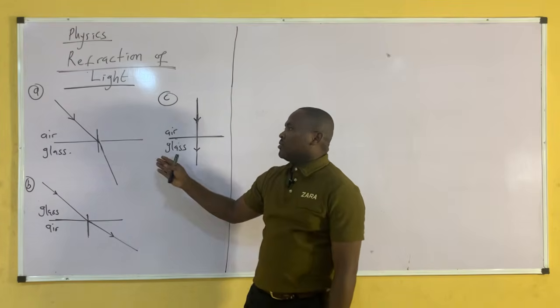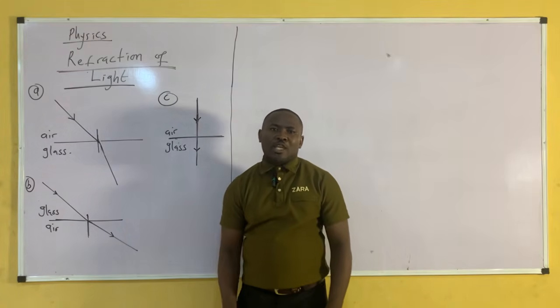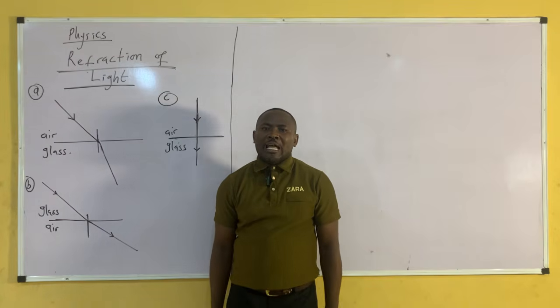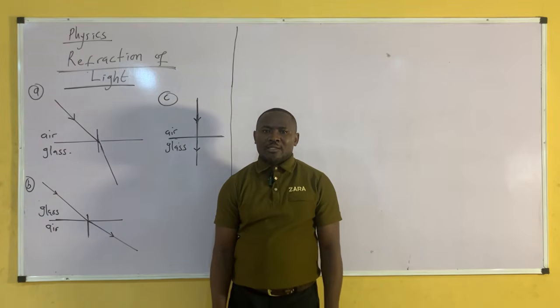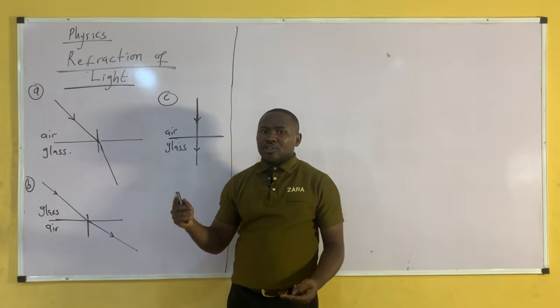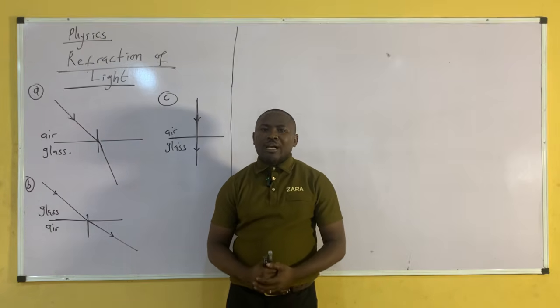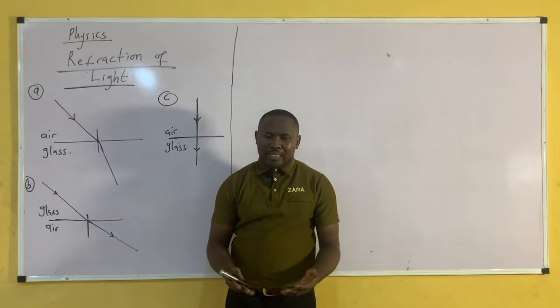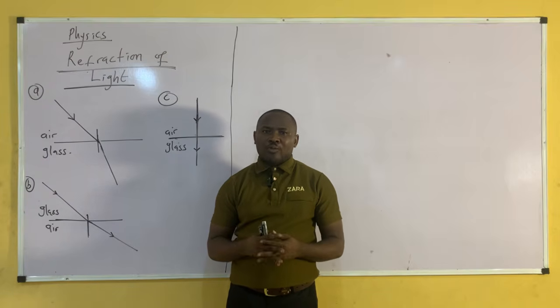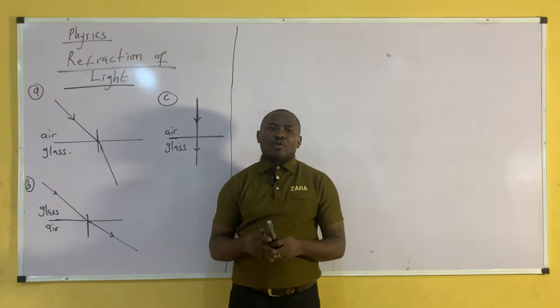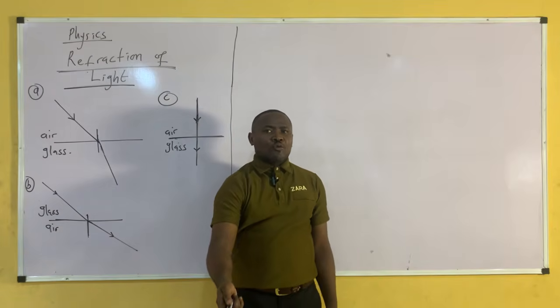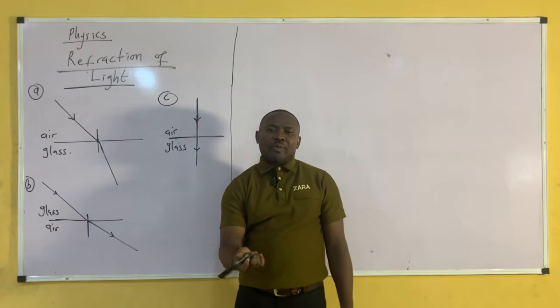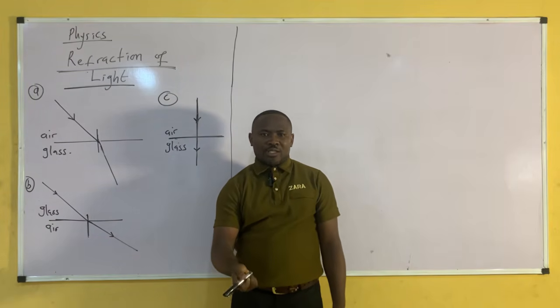Now, this is the reason why when you stand in a pool, your legs appear shorter than they are. Refraction is the reason why when you look at a deep pool, it appears as though it is shallow. Refraction is the reason why when you put a stick in a bowl of water, it appears bent instead of straight.